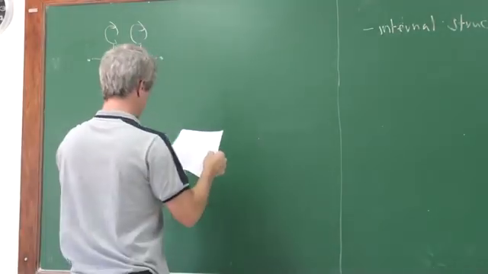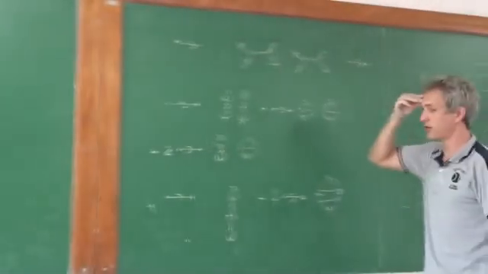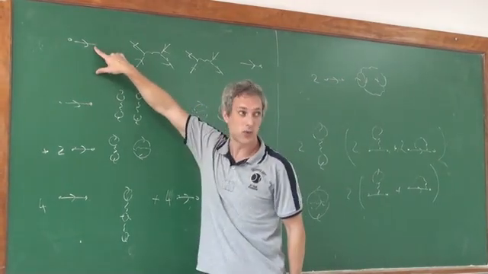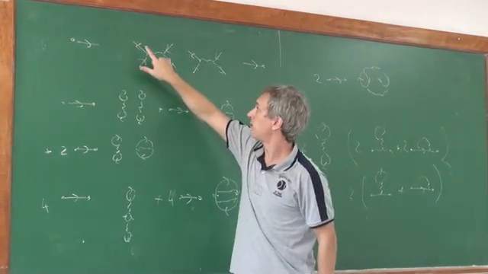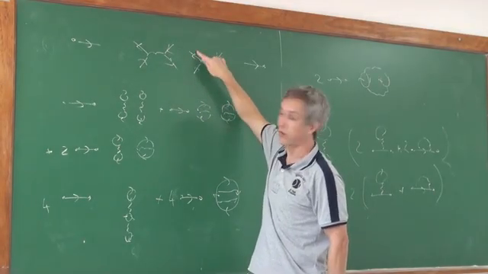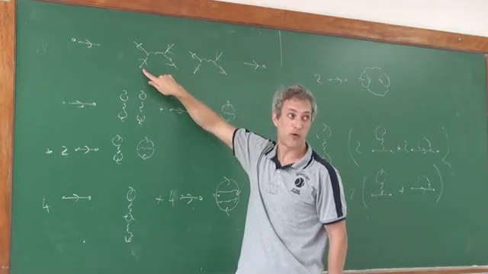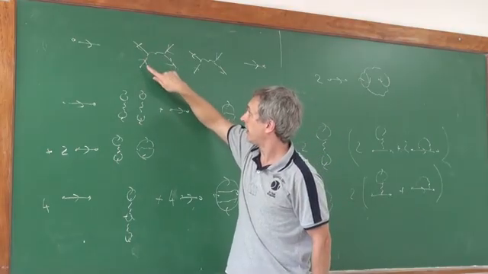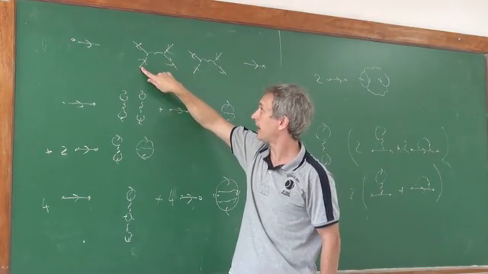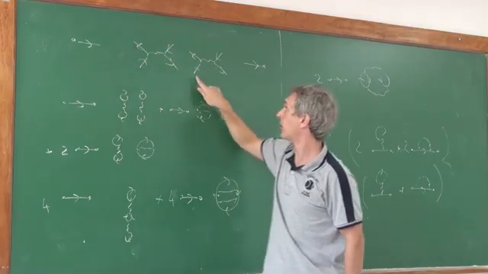Let's see. Does anyone have suggestions for the combinatorial factor? How many ways do you have to do this? So you can attach this one to 1, 2, 3, 4. Okay, 4. Now once you connected this to, let's say, this, to make the diagram that I drew, you have to take this one here and connect it to one of these ingoing ones.